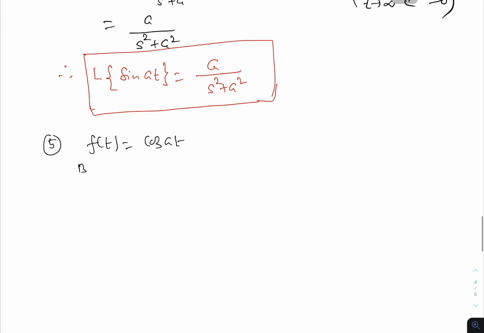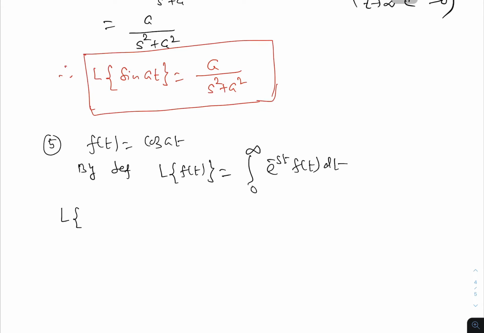By definition, the Laplace transformation of f(t) equal to the integration from 0 to infinity of e power minus st f(t) dt, and now f(t) is cosine at. So the Laplace transformation of cosine at equal to the integration from 0 to infinity of e power minus st cosine at dt.